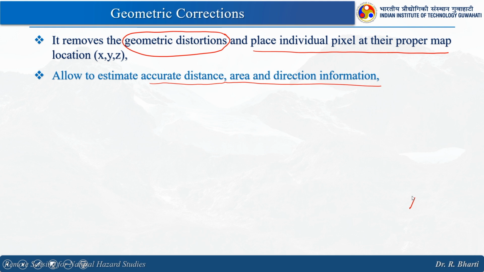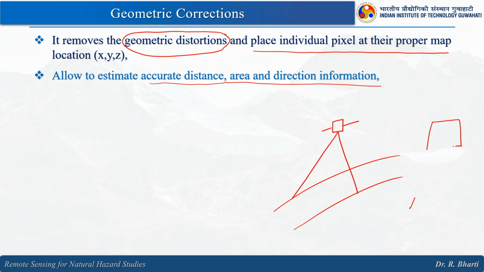So let's say this is the satellite image, right, produced by this particular sensor. Now these images are basically nothing but the pixels arranged in an array, right. So these pixels are generated by individual detector which are here, right, and we call it IFOV.